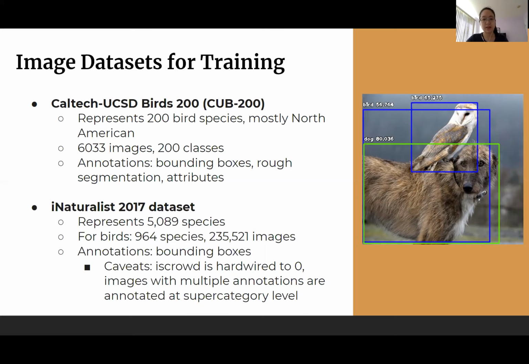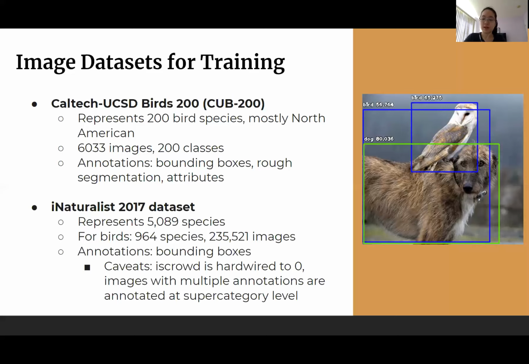5,089 species, and of them 964 species are birds. And that alone is 235,000 images, which is a much larger and more comprehensive data set. And although this data set comes with its own JSON files, we needed to do a lot of work to fix them up.